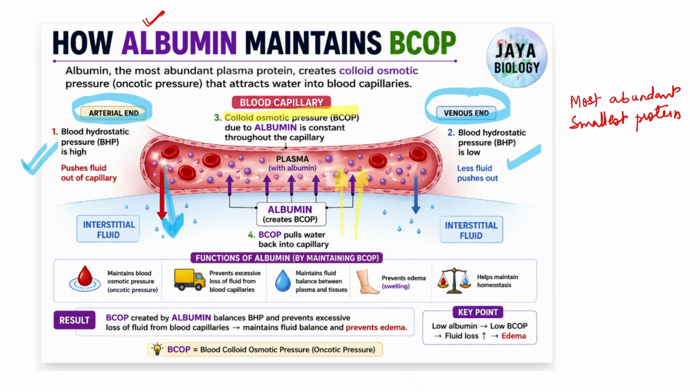Colloidal osmotic pressure is also known as oncotic pressure. Its work is to attract the water back into the capillary. If it is low, then what will happen? It will lead to swelling known as edema. Is it clear? So if low albumin is there, it means low blood colloidal osmotic pressure is there. It means fluid loss will be more, and more fluid loss leads to edema formation.